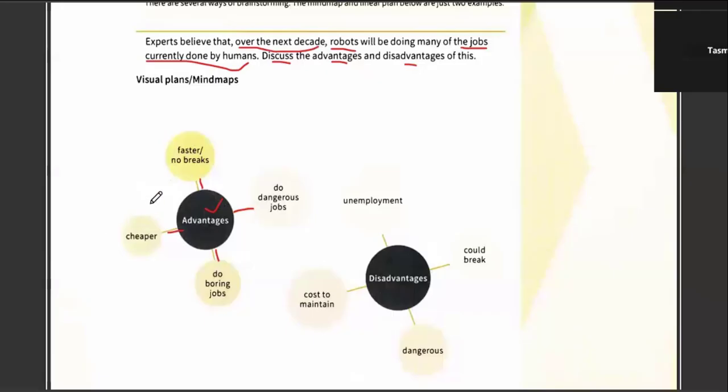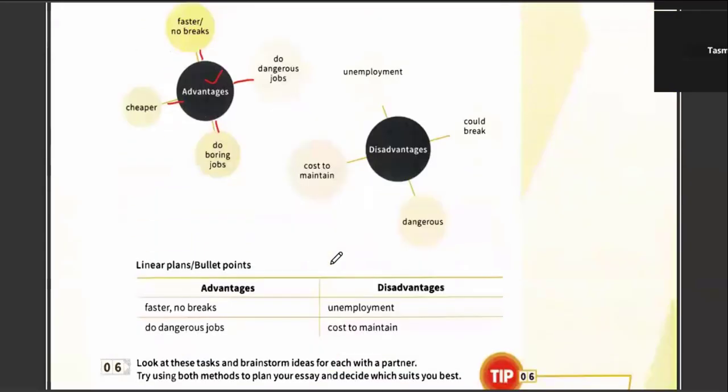That is how you can make visual plans or mind maps. That is one example. Next is linear plans or bullet points, like we do. Those are bullet points, and linear maps are the same thing. So for advantages, we write these are the advantages, and then we jot down the points or the ideas, right?